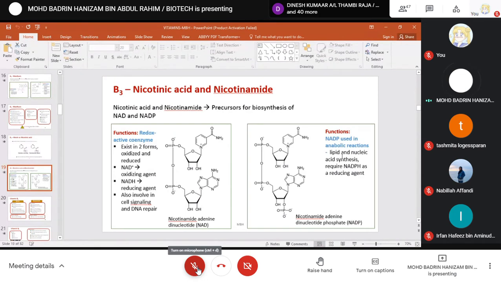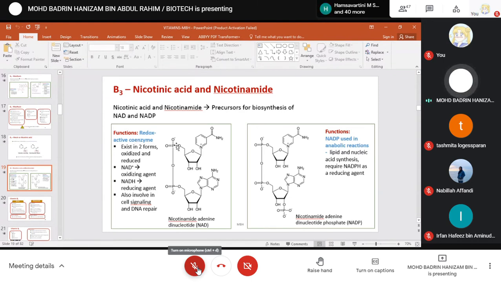All right. NAD, for example, is important in catabolism of fats, carbohydrates, proteins, and alcohol to a certain extent, and NAD is also involved in cell signaling and DNA repair. NADP is mostly involved in anabolic reactions such as fatty acid and cholesterol synthesis. I'm sure we already went through the function of NAD and NADP in carbohydrate metabolism, right? You can read here.